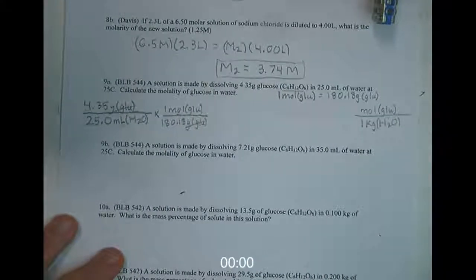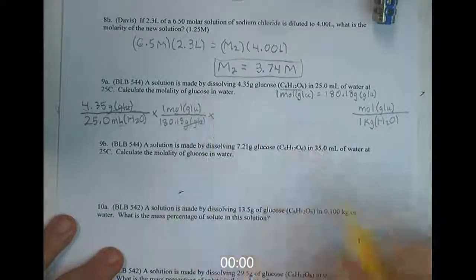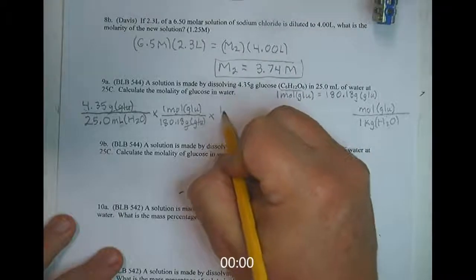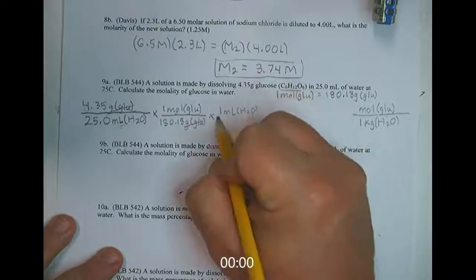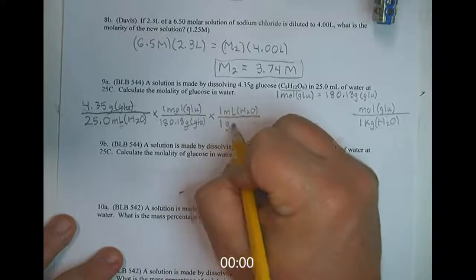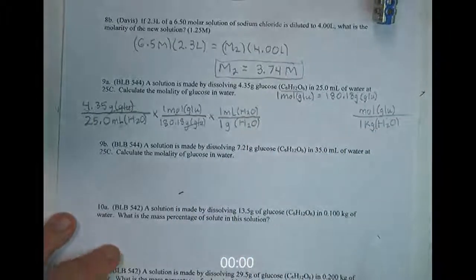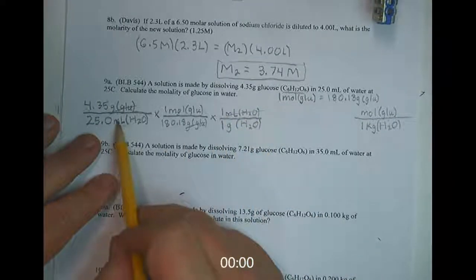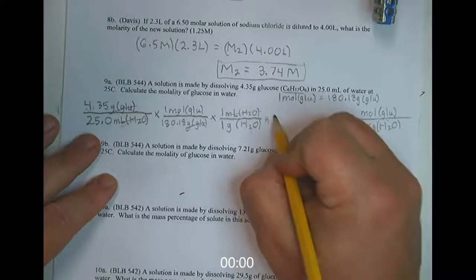Now we have to deal with this: milliliters to kilograms. Remember, we talked back at the very beginning that there's a relationship between mass and volume if it's pure water. That relationship is that there's 1 milliliter of H2O for every 1 gram of H2O. This is only true for water, and it's a very nice mass-volume relationship. So now milliliters of H2O cancel, and we have grams of H2O on the bottom. We just have to get it into kilograms, and that's not very hard.